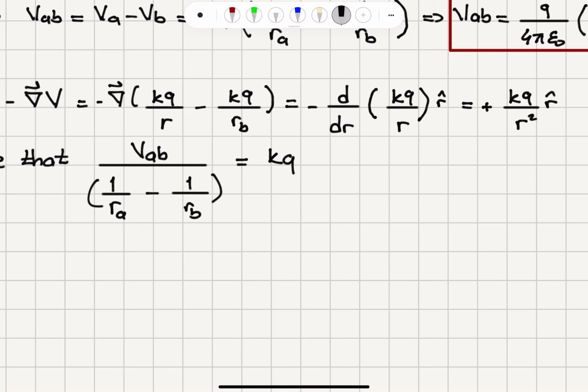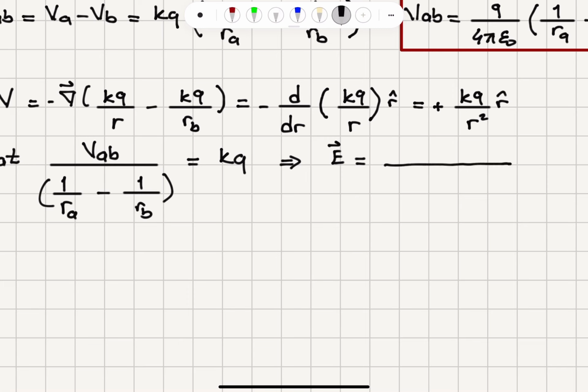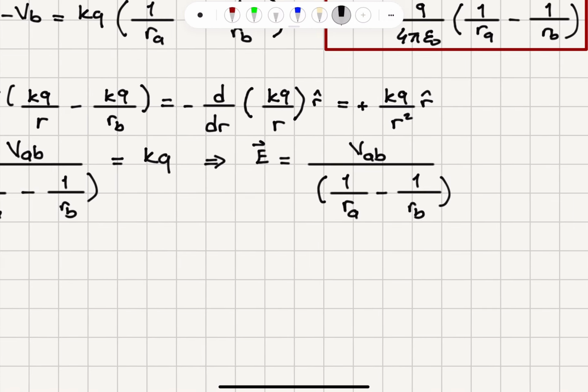So I will find that the electric field is equal to VAB over 1 over RA minus 1 over RB, that is KQ, multiplied with 1 over r squared, in the r hat direction.